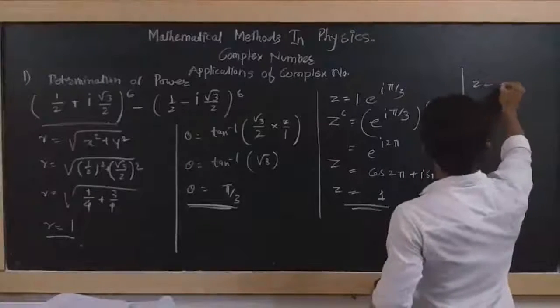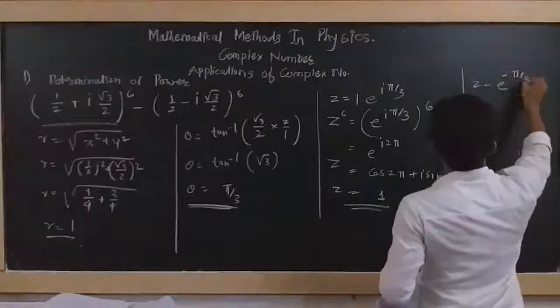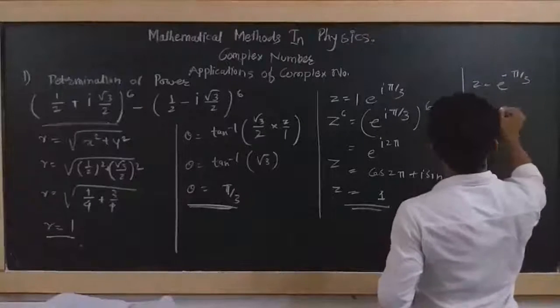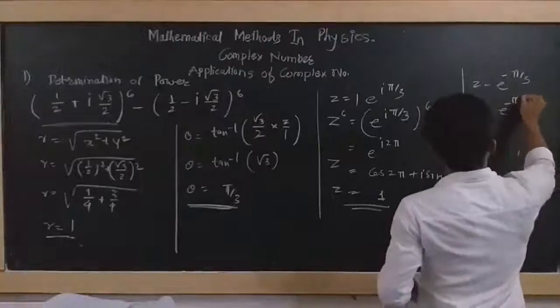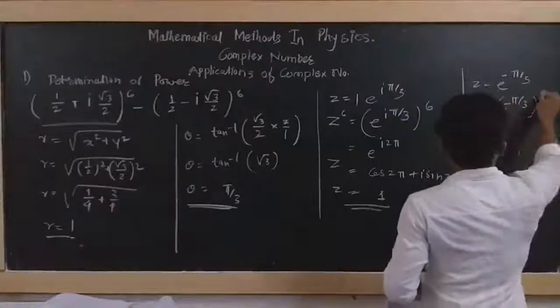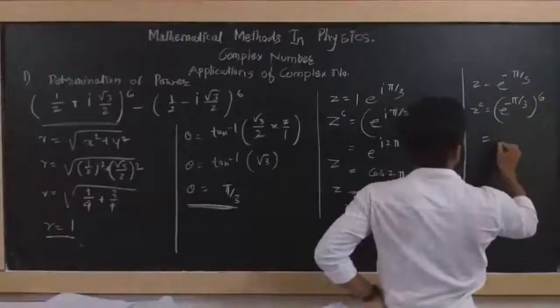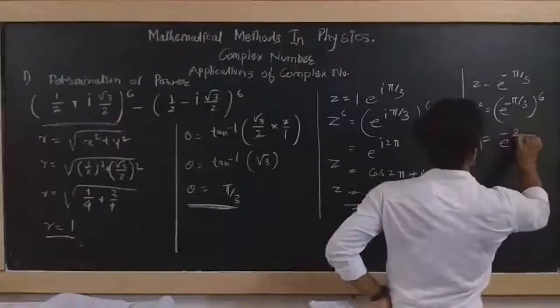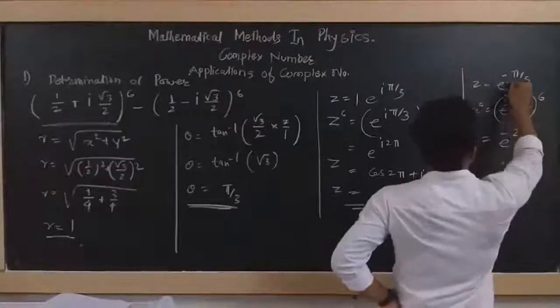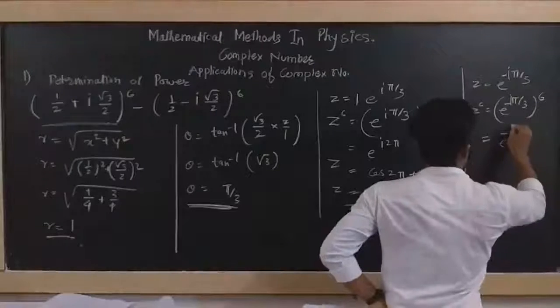So once you get minus value here, z is equal to e raised to minus i pi by 3 and z raised to 6 is equal to e raised to minus i pi by 3 raised to 6. Finally if you solve this, e raised to minus i 2 pi, don't forget this i.